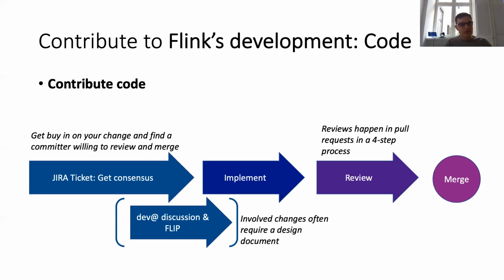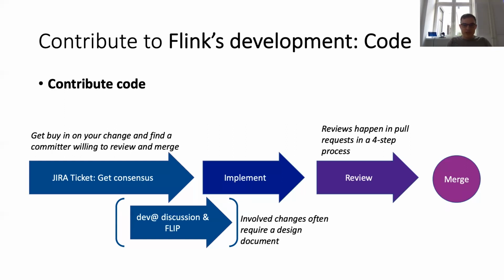Once there's consensus, once there's agreement on how we want to implement a certain change, we'll assign you to the ticket and you can start implementing it, obviously following the agreed upon approach. And then you open your pull request, and ideally the people that discussed and got consensus with you on the change will also help you with the review and with the merging of the change.